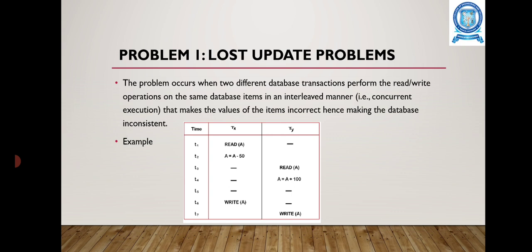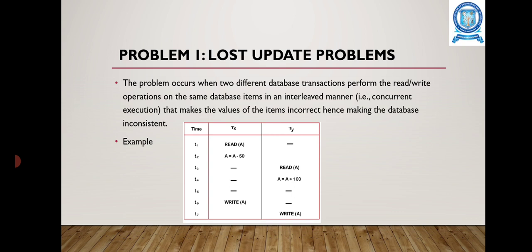For example, consider the below diagram where two transactions Tx and Ty are performed on the same account A, where the balance of account A is rupees 300. At time T1, transaction Tx reads the value of account A, that is 300. Only read.